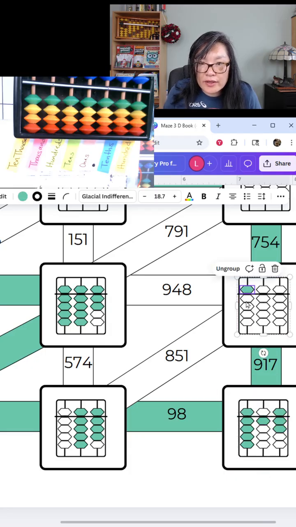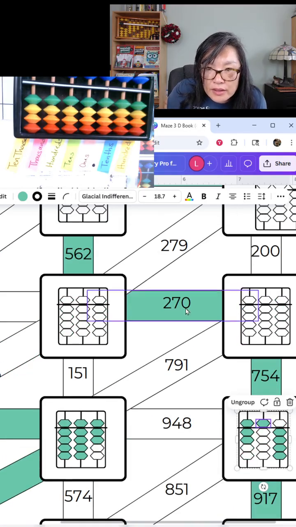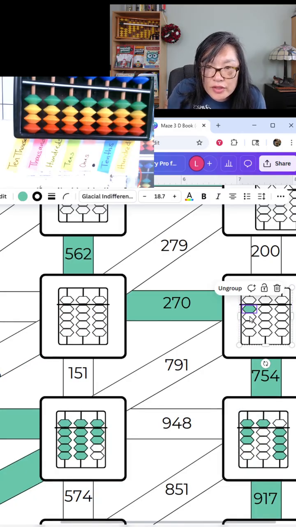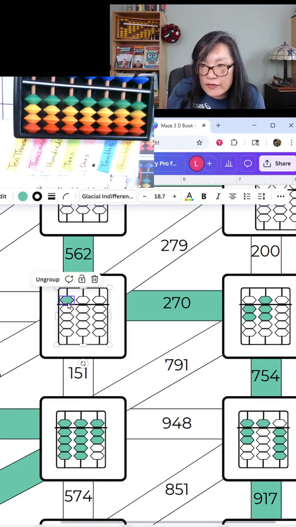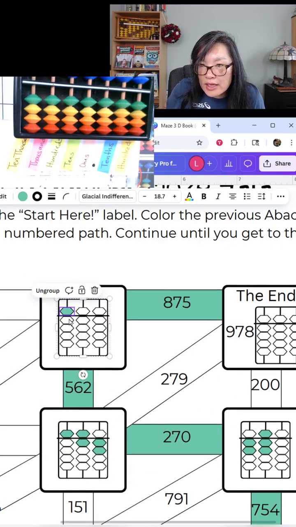And then we have 5, 6, 7, 1, 2, 3, 4, 5. Yep. Okay, we have 200. This is 200. So this is 2, and then 7. 70. 5, 6, 7. Then we're over here. We have 5, 60, and then 2. And then we're here. 800, 5, 6, 7, 8.